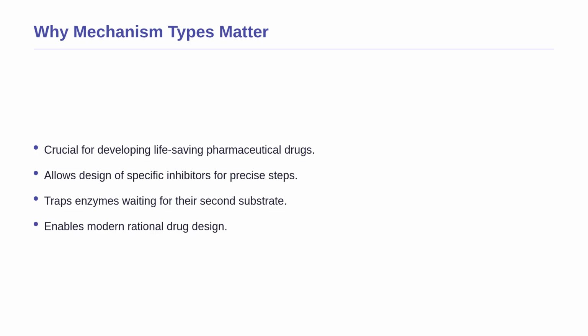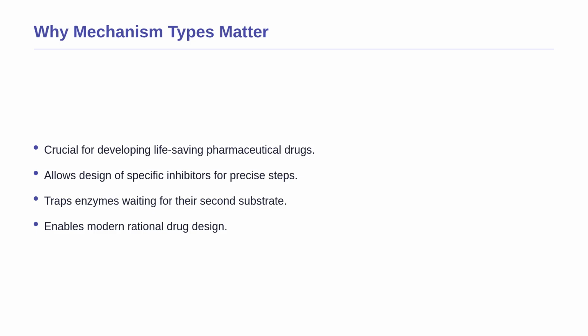Before we dive into the equations, you might be wondering why we need to classify these reactions so specifically. Understanding whether an enzyme uses a sequential or a ping-pong mechanism is absolutely crucial for developing life-saving pharmaceutical drugs.